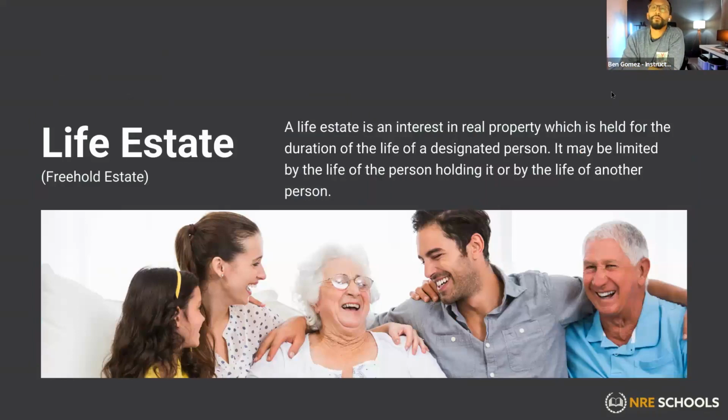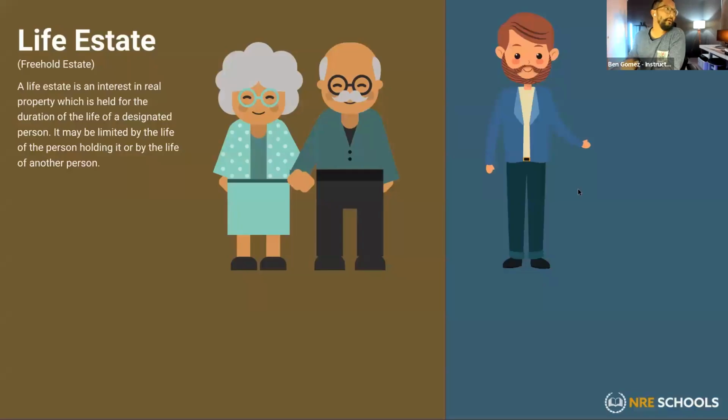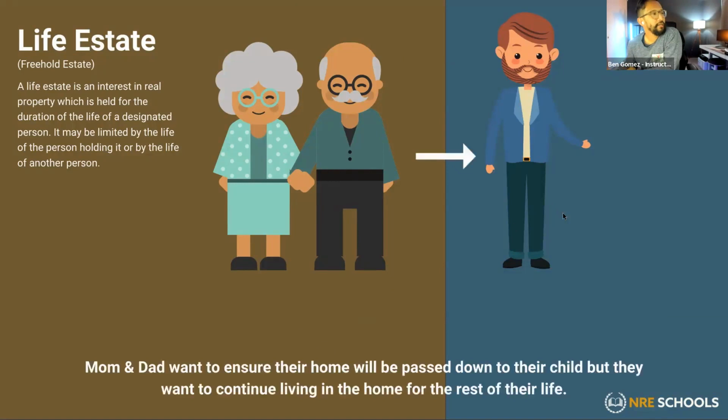And a life estate. We'll finish up here on a life estate. That's the interest in a real property which is held for the duration of the life of a designated person. It may be limited by the life of the person holding it or the life of another person. Nice little example here. You got elderly mom and dad. We got son here.